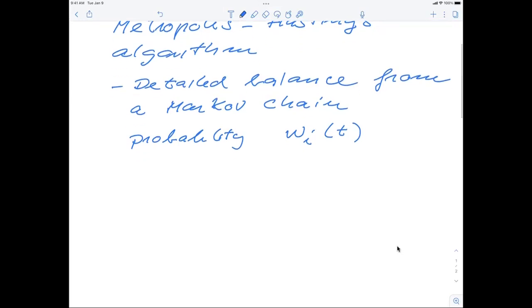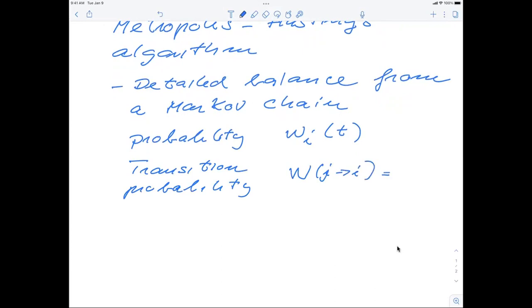We then also have what we call the transition probability, which is normally not known. And we represented that by a matrix. And this matrix is what we call a stochastic matrix. So we go from a state j to a state i, and this is typically indicated with a matrix element W_ij.